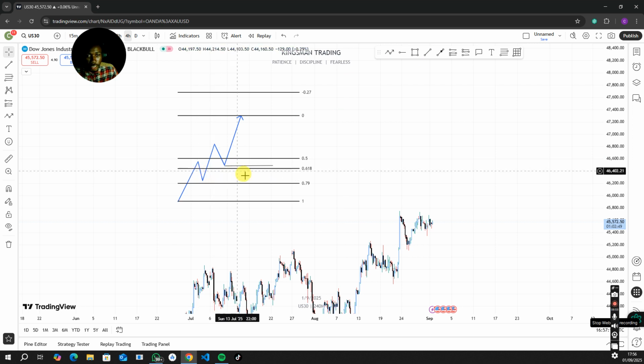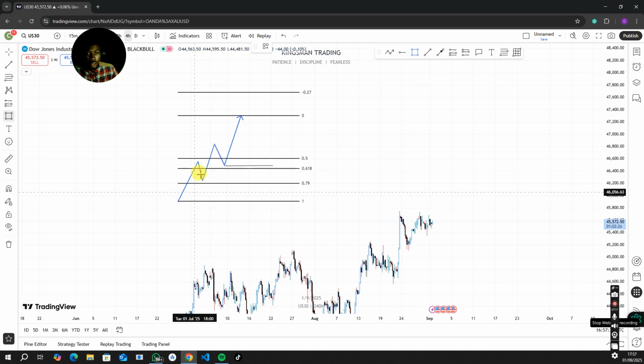So basically, once you've marked out your Fibonacci retracement tool, you can just use your eyes to look for a particular POI that falls in between the 0.618 level and the 0.79 level. Sometimes it might be a breaker block, sometimes it might be in the form of a mitigation block or an order block.